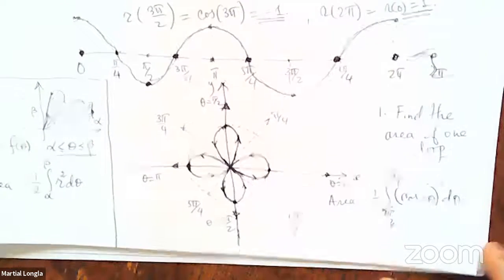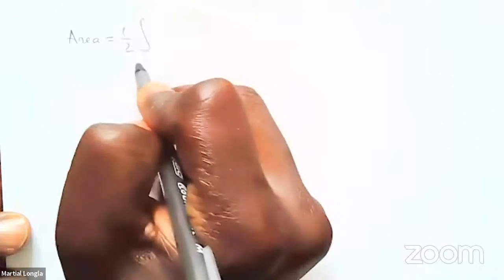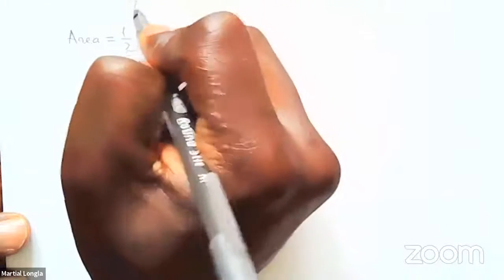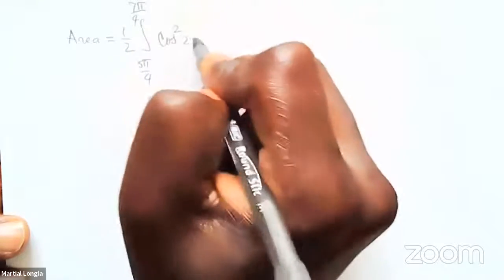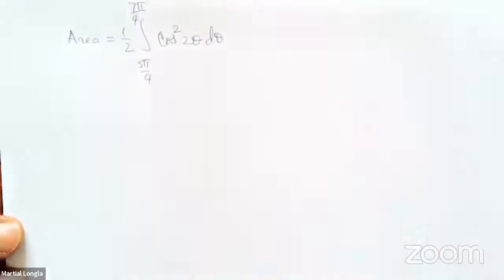Now let us write the details of this answer. So, integral from 5 pi over 4 to 7 pi over 4 of cosine squared 2 theta d theta.